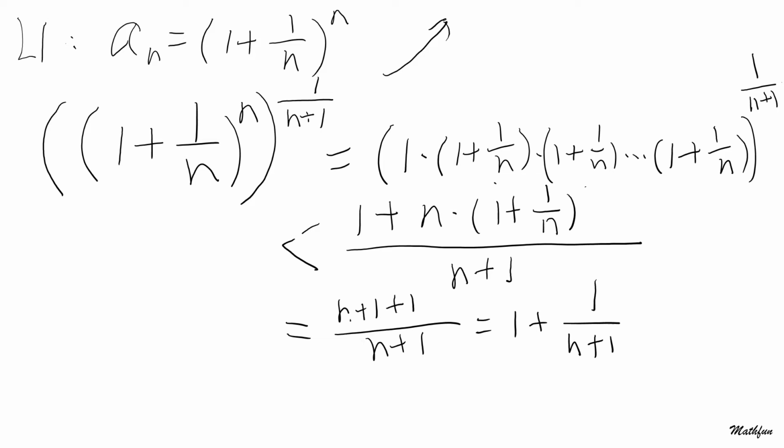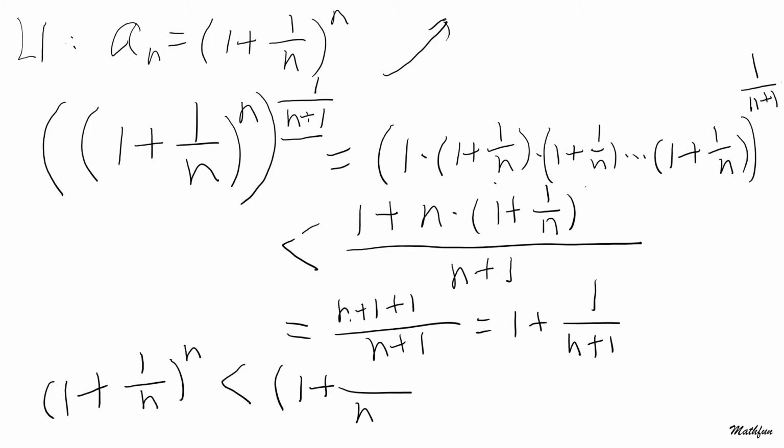And remember, we have the power of reciprocal of n plus 1 out there. So let's rewrite it. That will give us 1 plus the reciprocal of n to the power of n, smaller than 1 plus the reciprocal of n plus 1, to the power of n plus 1.